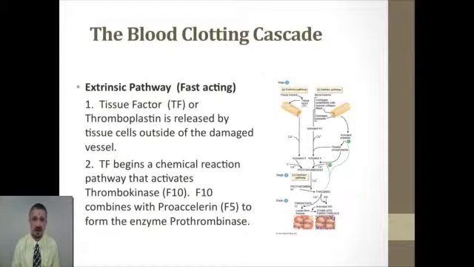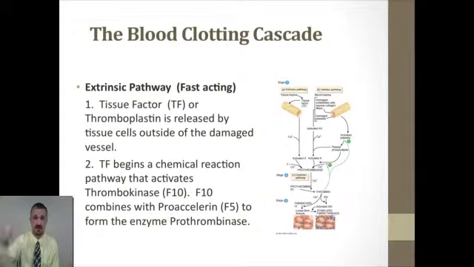The extrinsic pathway, which we're going to talk about first: you have cells that are close to this blood vessel, these perivascular cells here, and they release something called tissue thromboplastin, which is going to activate other factors in this clotting cascade.